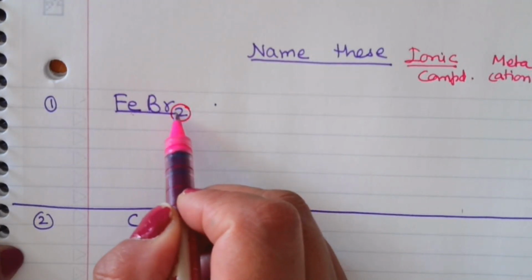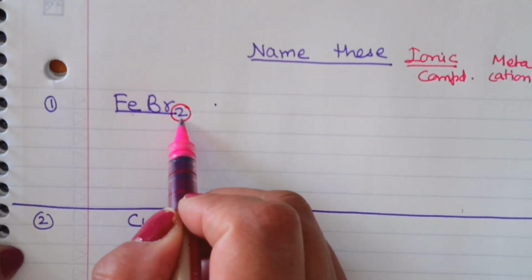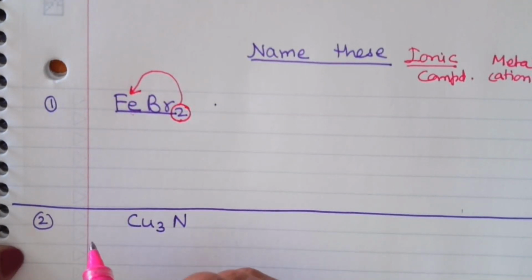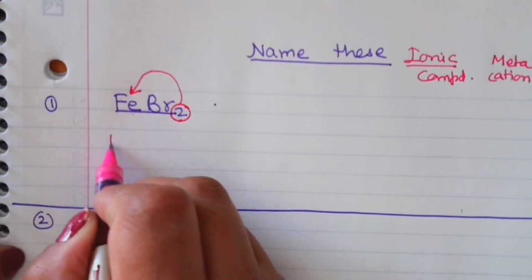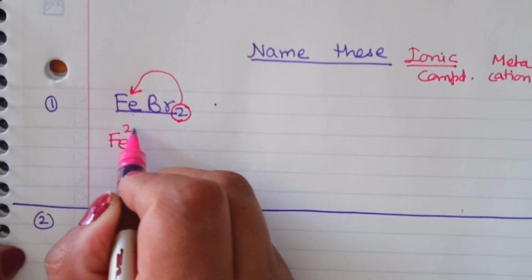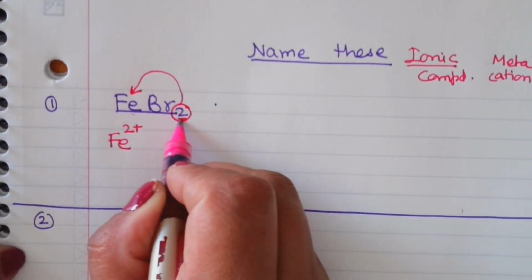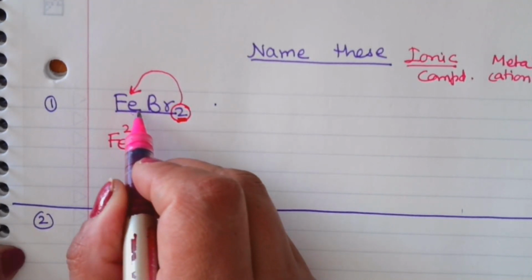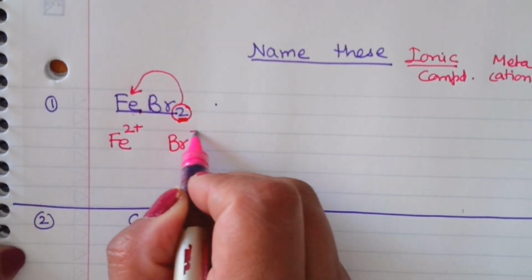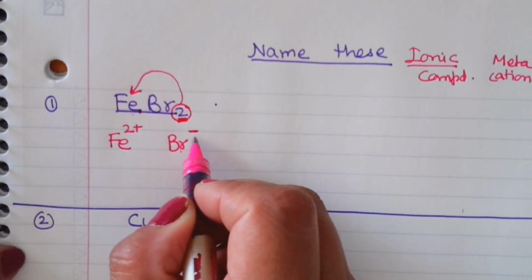When we undo the crisscross, I know this subscript came from the charge on the metal, right? So metal Fe should have a charge of 2 plus because there's this subscript, right? And since iron does not have any subscript, I know the charge on the ion Br is 1 minus.